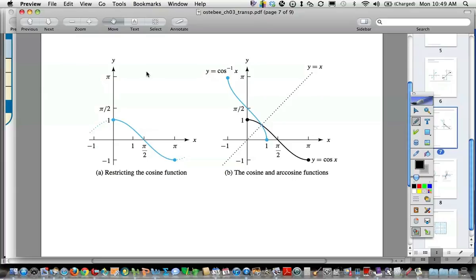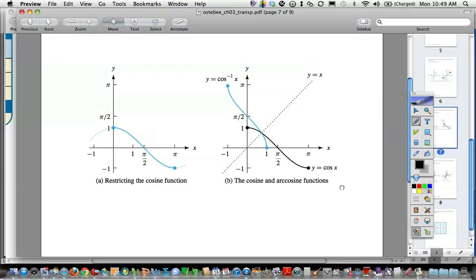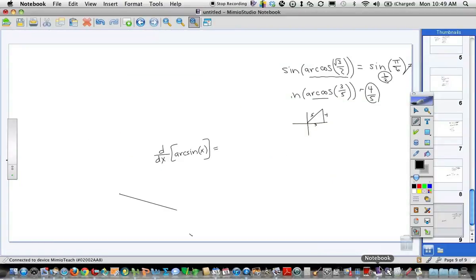We had a u written in there. It's 1 over the square root of 1 minus u squared times u prime.